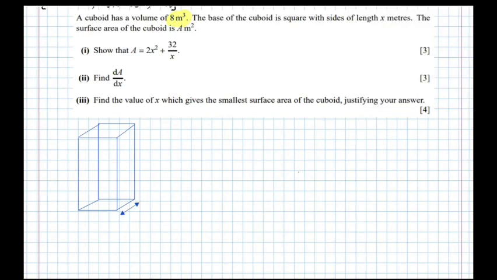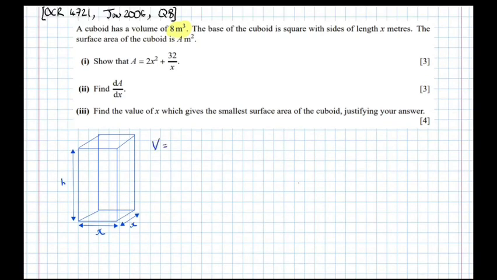First, we need to draw a cuboid for the diagram from the question. After that, we label the x and h. From the diagram, we know the volume formula of the cuboid is V equals x squared h equals 8.